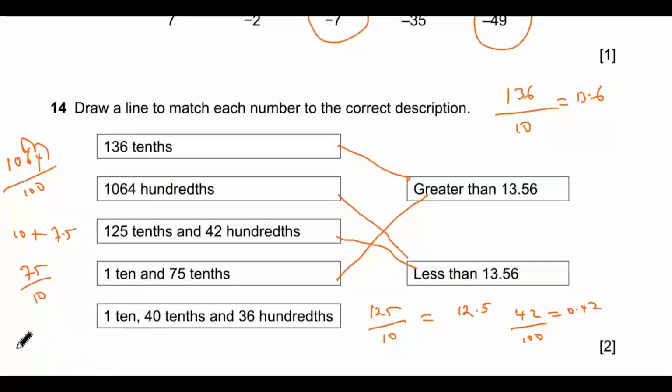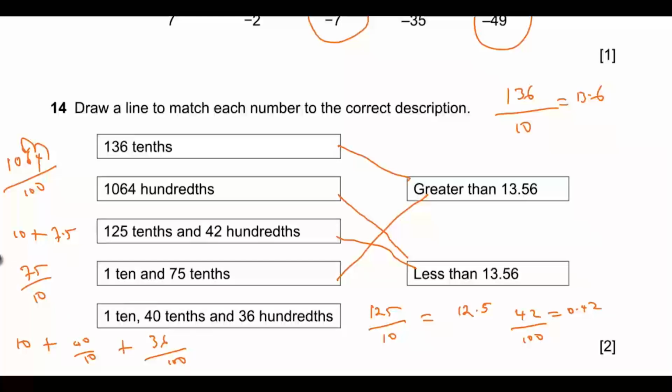And lastly, 110, that will be 10, plus 40 tenths, that is 40 over 10, that is 4, and 36 hundredths, so that will be plus 36 divided by 100.